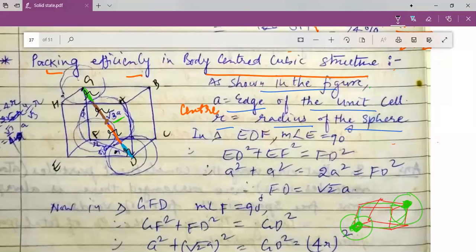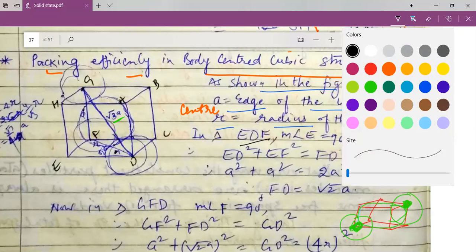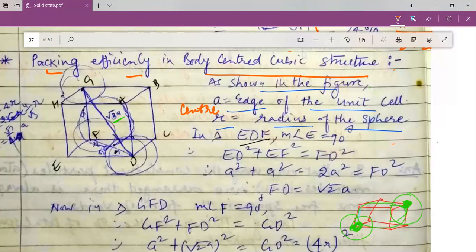This is G. So my dear students, you can see that in triangle EDF, let us have a look at the triangle EDF. In this triangle EDF, this is E, this is D and F. If you look into this, what we see is this is the hypotenuse and this length is A, this length is A. So in triangle EDF, angle E is equal to 90 degrees, and that is why we can say that ED square plus EF square is equal to FD square.